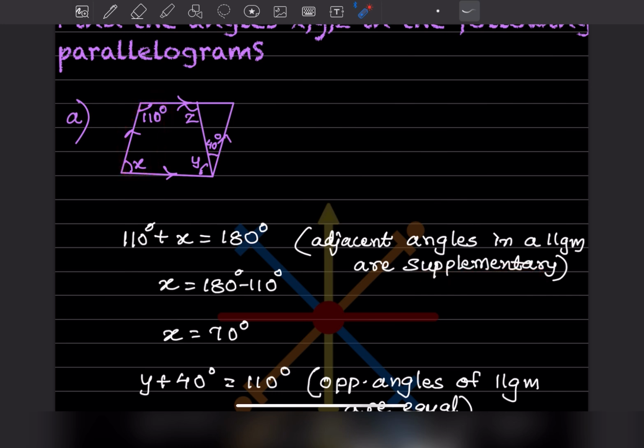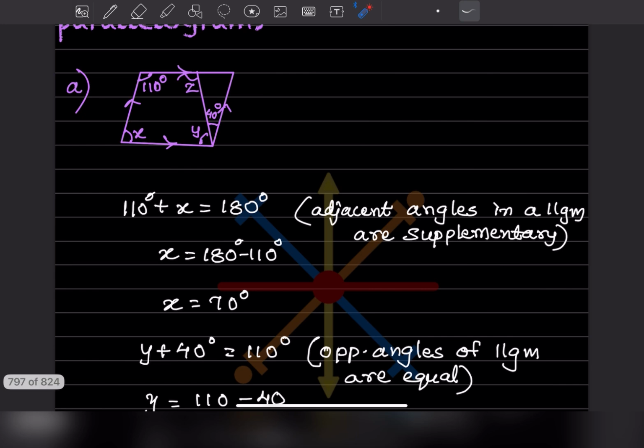With the help of this, we can get the value of x. 180, this will go here, that is minus 110. So x is going to be 70 degrees. Now we got the value of x. Now we'll go for y. Can you see this part here? You know the opposite angles are equal.